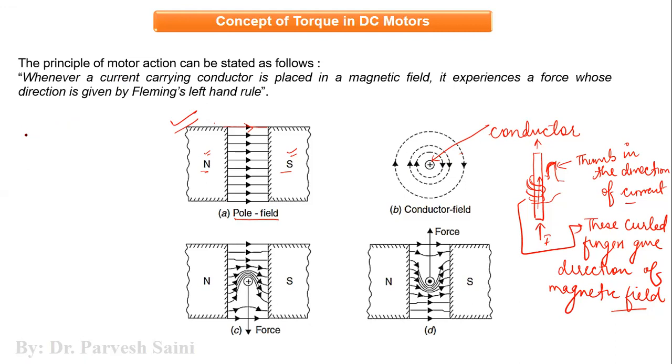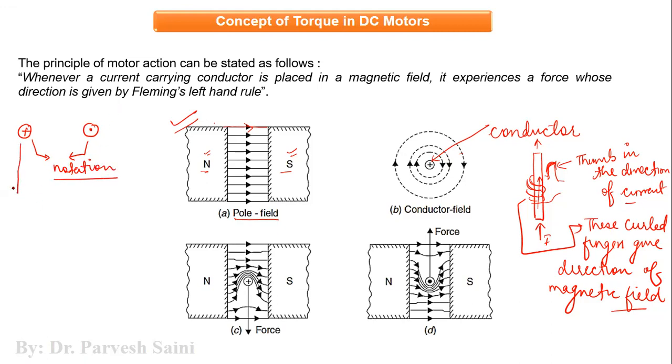Now there are two things which you need to understand: the cross and the dot notation. What does it indicate?